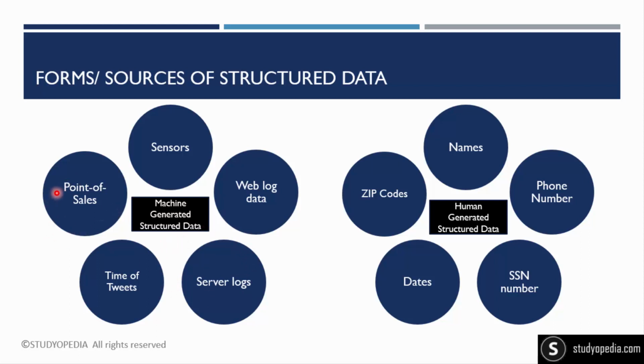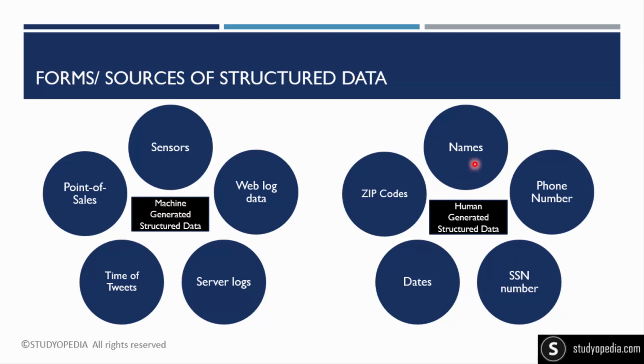In the same way, point of sales data includes, let's say we pay through UPI or using QR code. The point of sales data, the transaction data, including the time of data, comes under structured form. Now, human generated structured data, I told you before, the names, phone numbers, dates, SSN numbers, zip codes come under structured data.